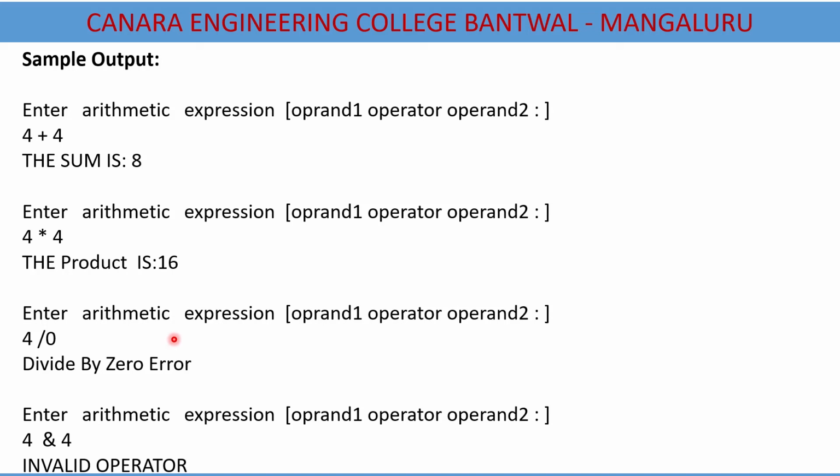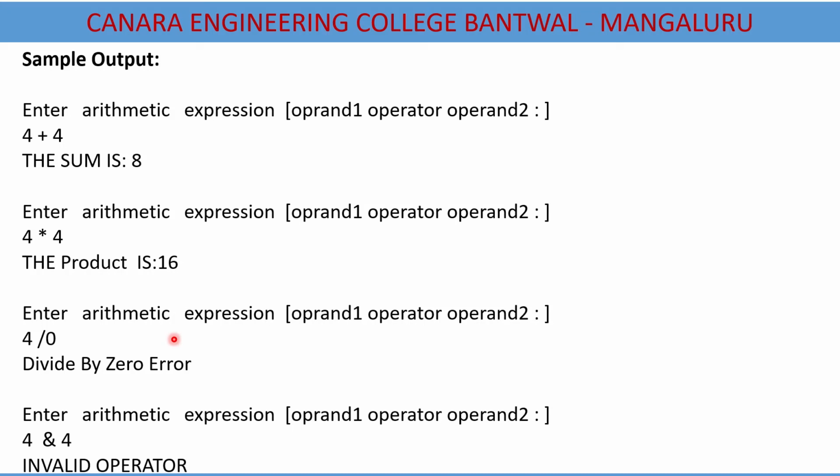In our input, the second number is 0. So as the condition is false, it prints the message as divide error and breaks the switch statement. It goes to the end of the program and prints the message as divide error.